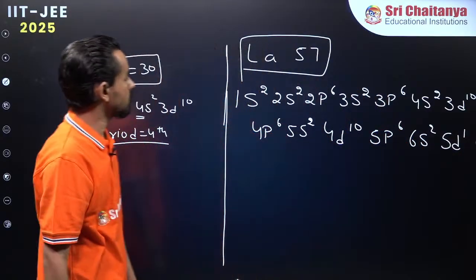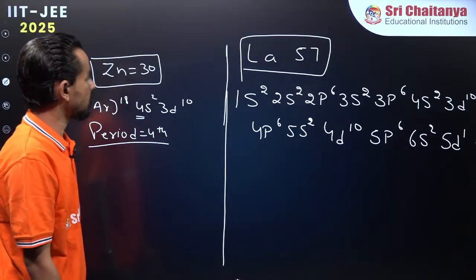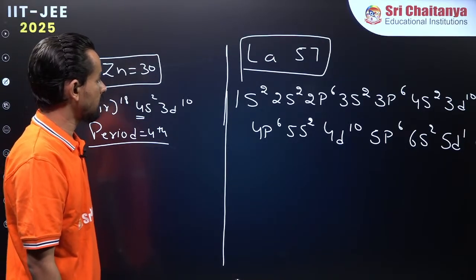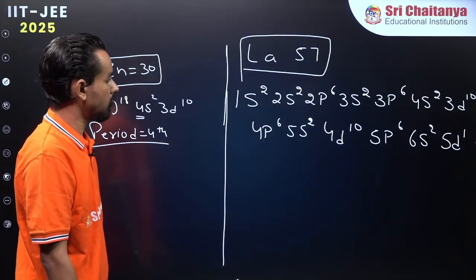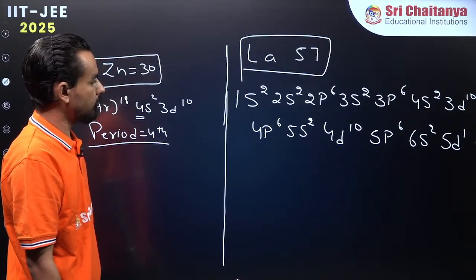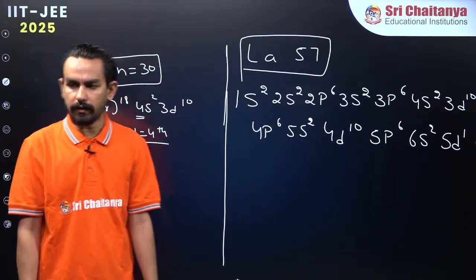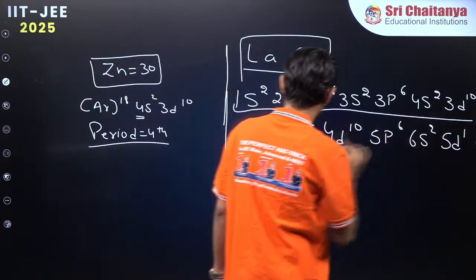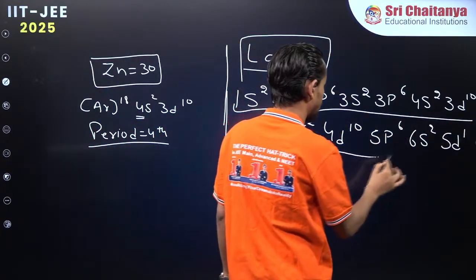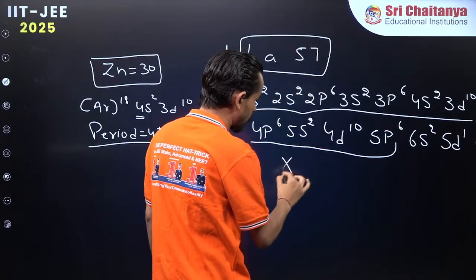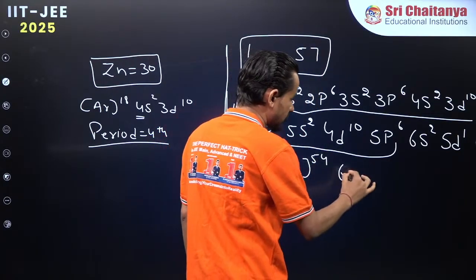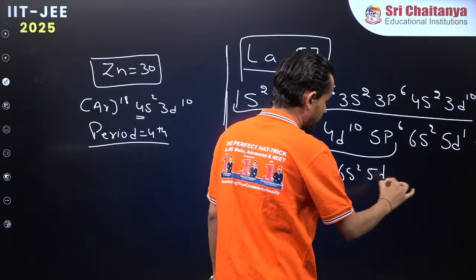Check whether it is okay or not. Adding up: 2, 4, 6, 10, 12, 18, 20, 30, 36, 38, 48, 54, 56, 57. Up to here it is xenon, so I can write xenon 54, 6s2 5d1.